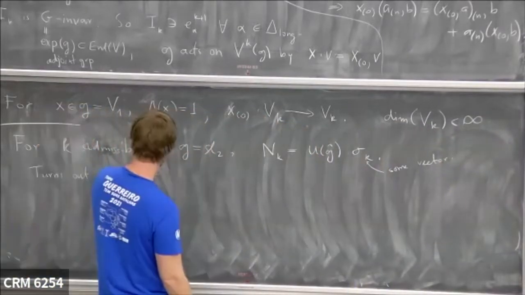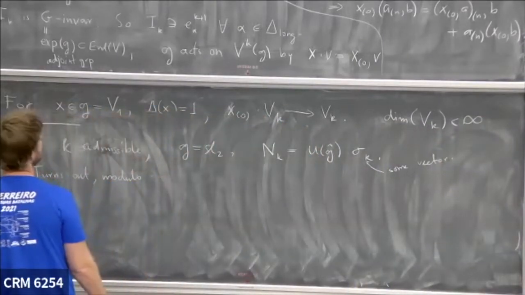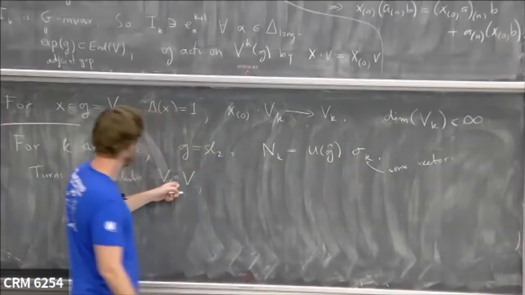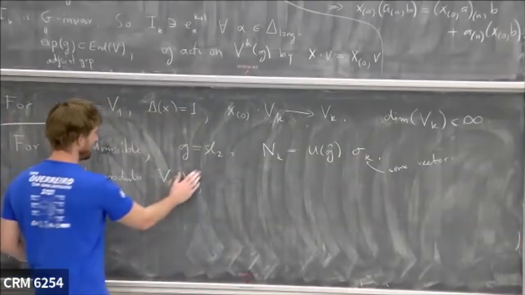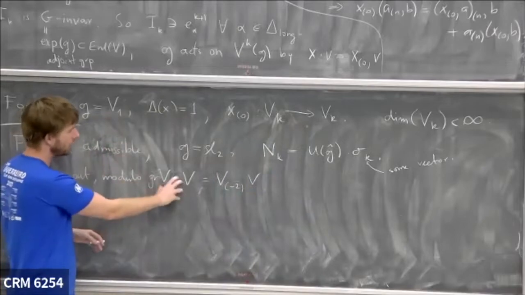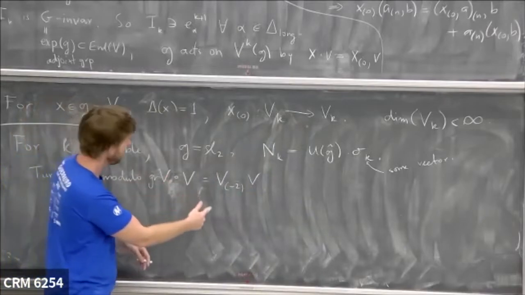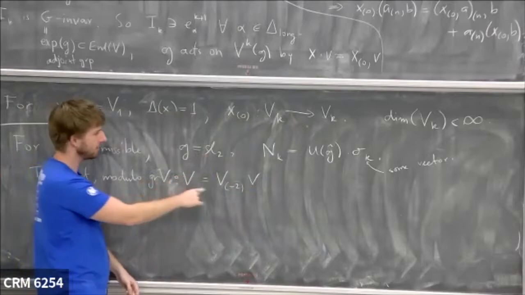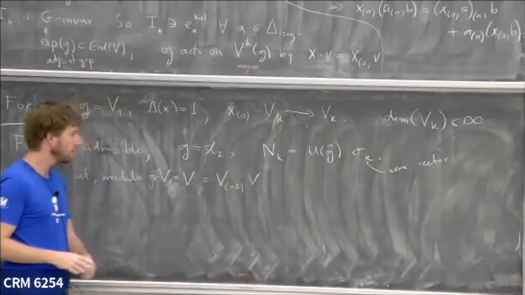So it turns out modulo... You're working in the Zhu quotient, and also going to associated graded. So it kind of essentially looks like this.